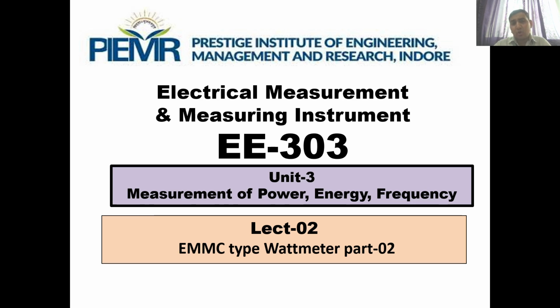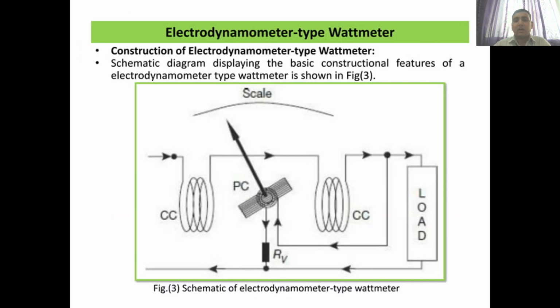We also talked about the different applications of the EMC meter, such as an ammeter and a voltmeter. Now in today's lecture we will discuss its construction as an electrodynamic type wattmeter. The EMC meter has two coils: one is the fixed coil and the other is the moving coil.